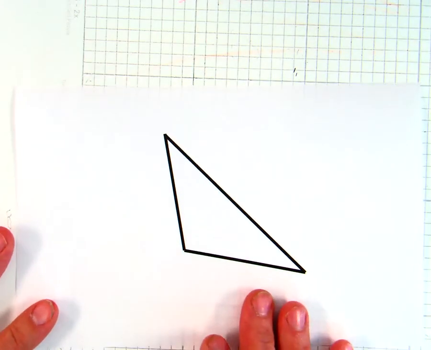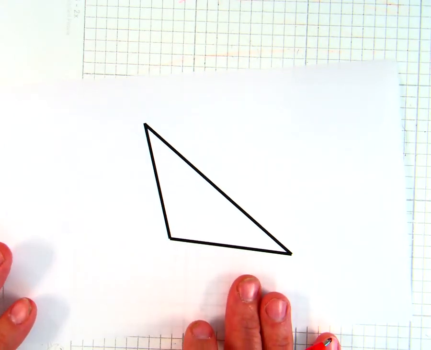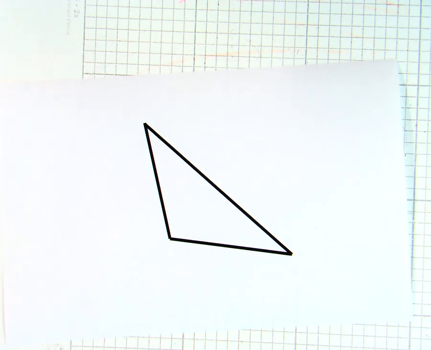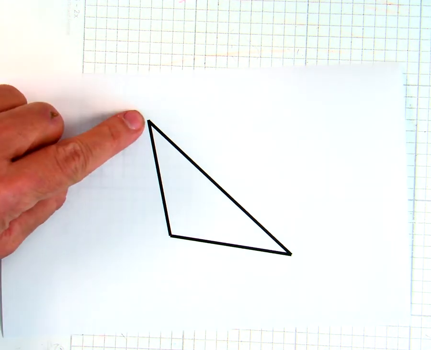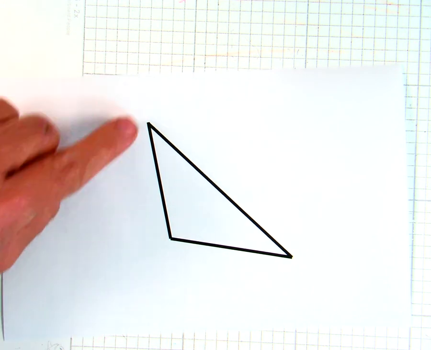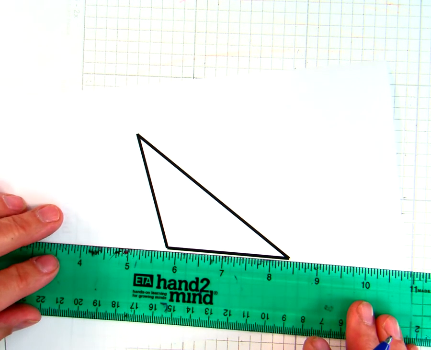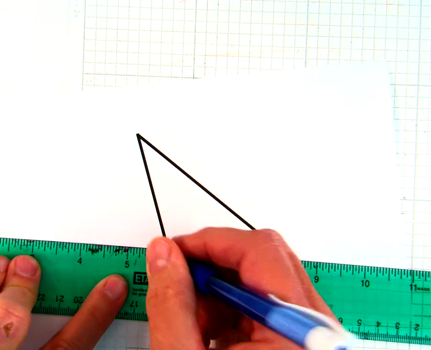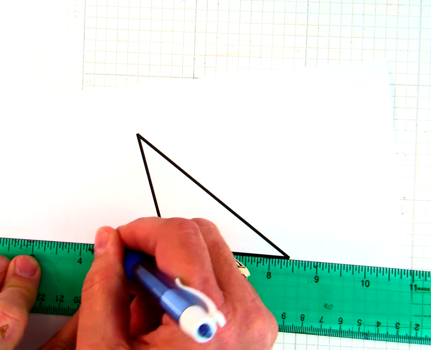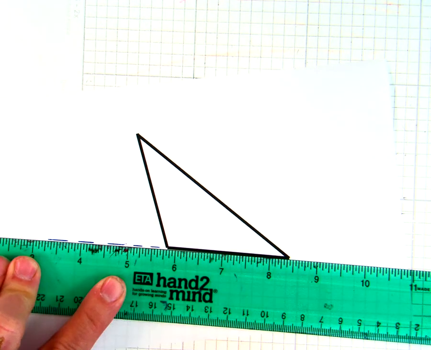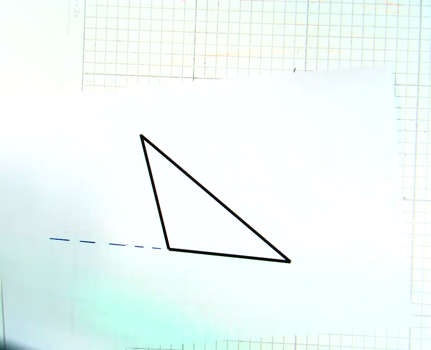Then there, if you would, draw an obtuse triangle. You're going to do the same thing, but notice here you're going to have a difficulty because when you try to do a line perpendicular from this vertex, there's no side of the triangle there. To be able to do it, you're going to have to extend the side of the triangle.